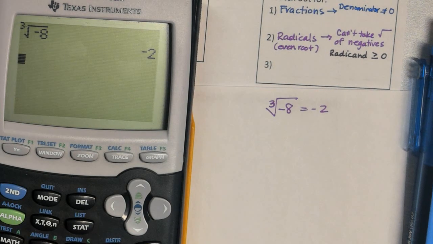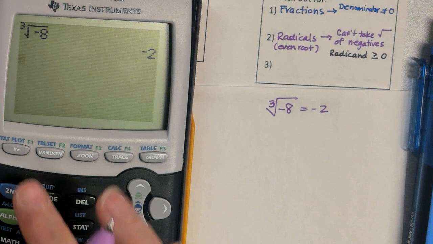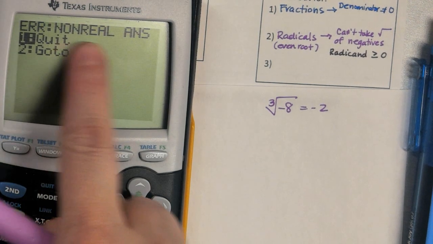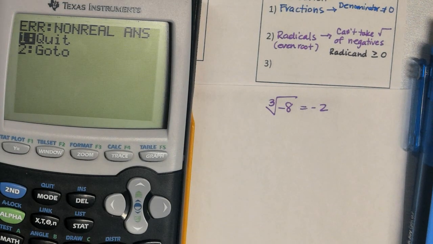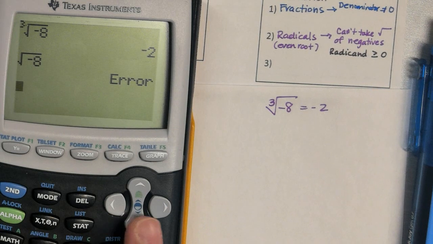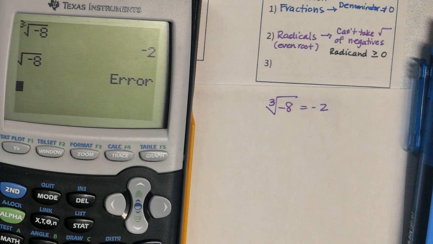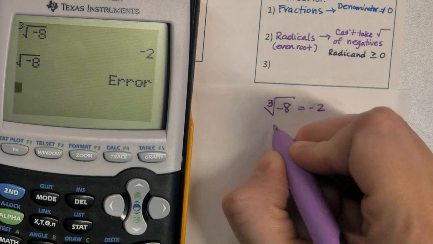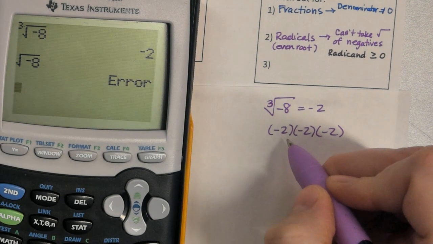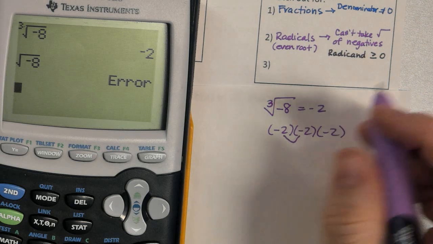But if I were to try to take the square root of -8, then I'd have a non-real answer. Right? That's the problem. Okay. So I would get an error there. That's because if you have an odd number of things you're multiplying, what happens when you multiply a negative by a negative?